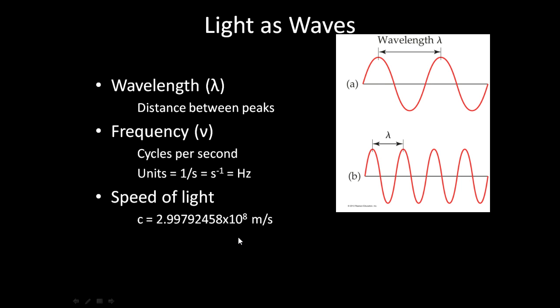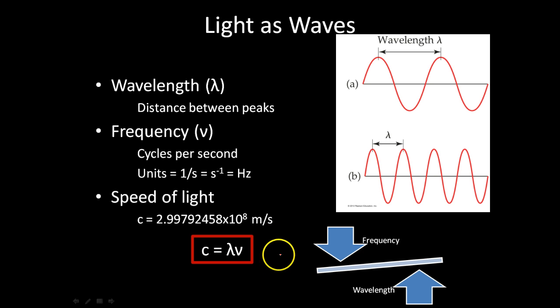And there's a relationship between the speed of light, the frequency, and the wavelength for any given bit of light. So this relationship works for all different types, different colors of light, so the entire electromagnetic radiation spectrum, where the speed of light is equal to the wavelength times the frequency.